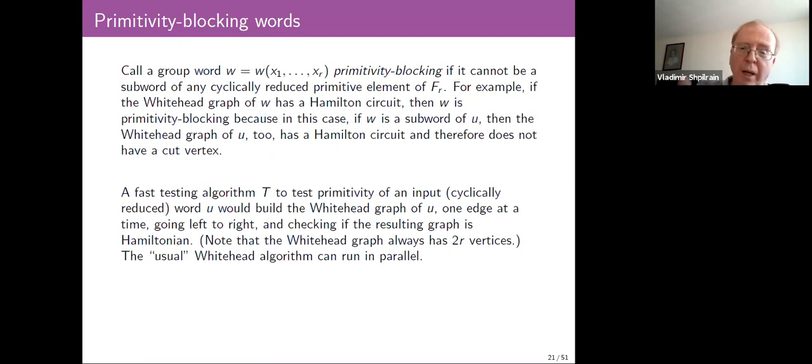Well, you may say that the problem of checking if a graph is Hamiltonian is NP hard, but here the size, the number of vertices of the graph is fixed, and it is a constant with respect to the length of the input. So it does not influence the complexity of our algorithm, this checking.